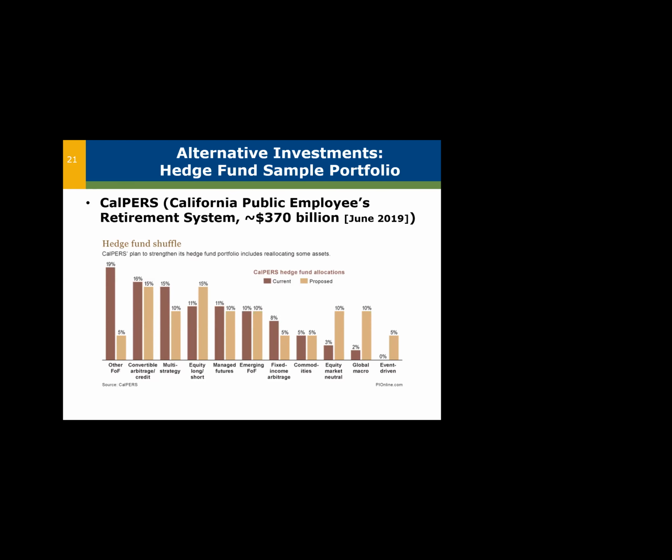And the other thing, and I'll show you a slide for this later, is that there's so much assets invested in hedge funds now that there's less market inefficiency to capture per hedge fund. So for all those reasons, a lot of investors have been reviewing their hedge fund allocations and cutting down. One example is CalPERS, and so they ended up cutting their hedge fund portfolio.